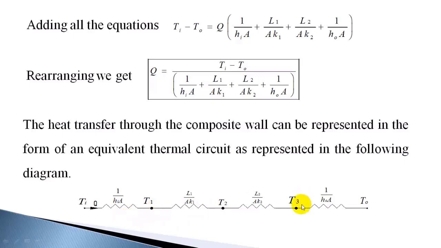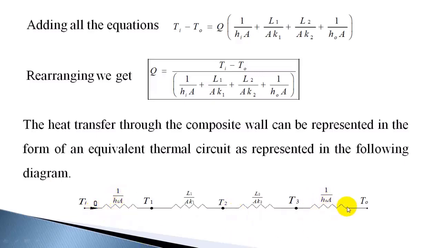Suppose you take T1 and T3: T1 minus T3 divided by L1 by A K1 plus L2 by A K2. Or if you take T3 and T0, there is only one resistance in between, so T3 minus T0 divided by 1 by h0 A. This way you can use this thermal circuit and easily get the heat transfer in terms of different temperatures. So this helps to find the interface temperatures.